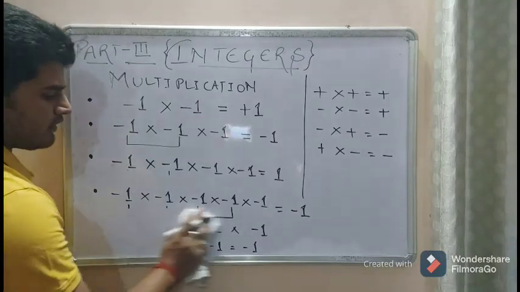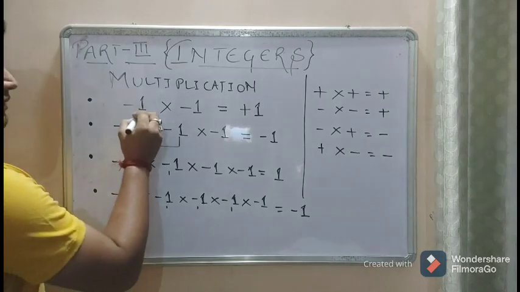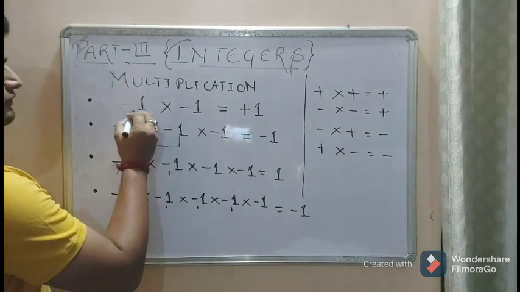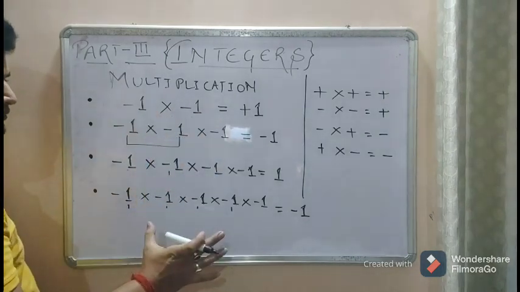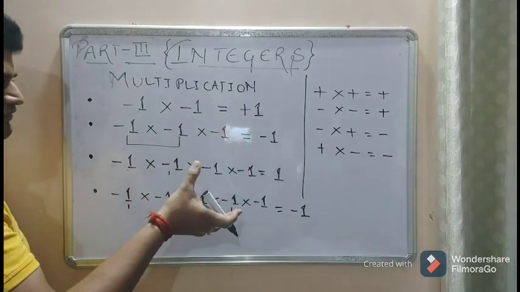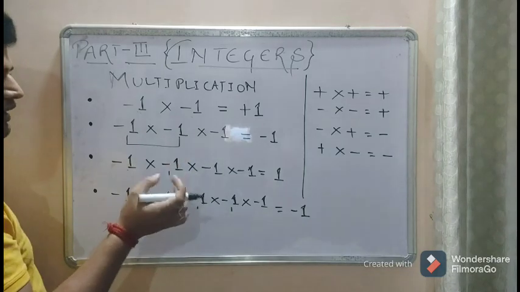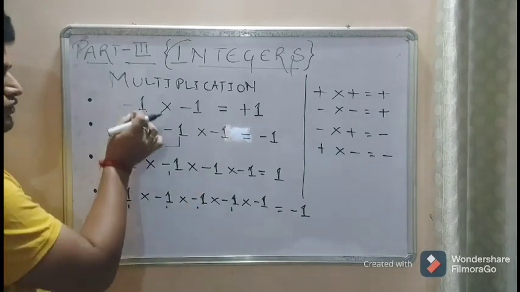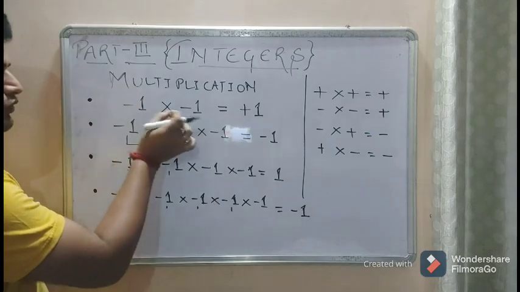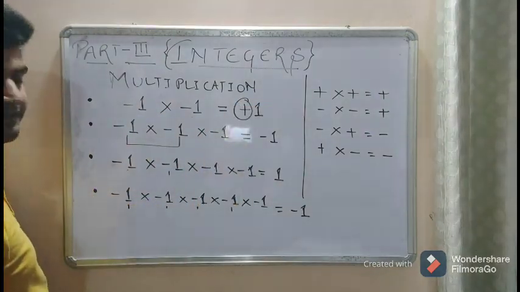So what do we see over here? We see that when -1 was taken 2 times, the output is going to be 1. Here what we are going to observe is what happens when we take the negative sign and how many times we take it. When the negative sign was taken 2 times, the product was positive.